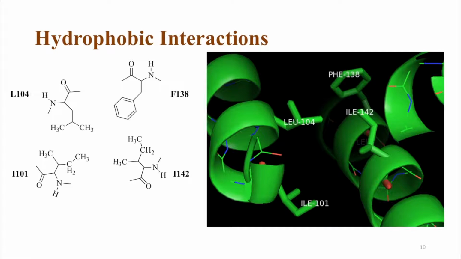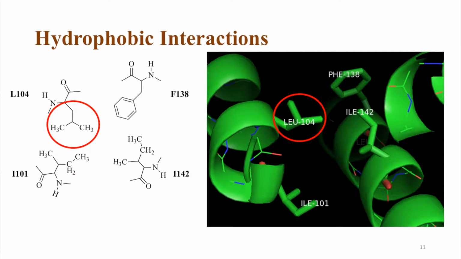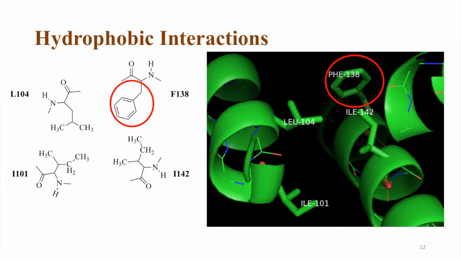There are 2 side chains of isoleucine, isoleucine 101 and isoleucine 142, 1 leucine residue, leucine 104, and 1 phenylalanine, phenylalanine 138.